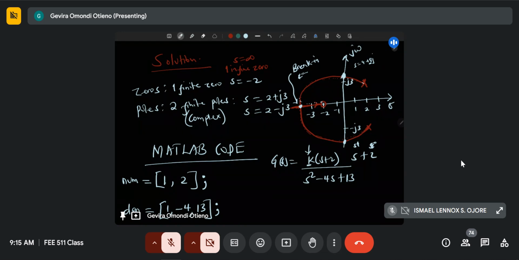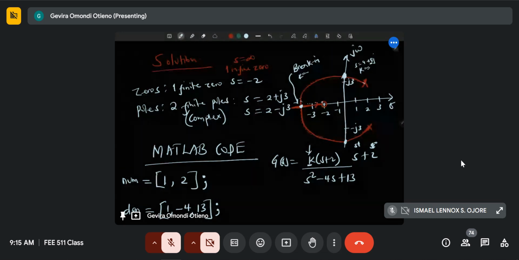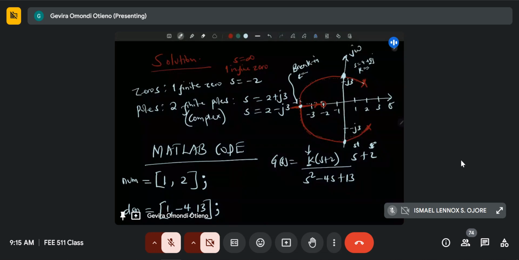Again, it will tell you the value of gain at that point. It will even tell you the frequency and the overshoot at that point. So MATLAB will give you a holistic view of each point. You can click a point on the root locus here, and it will give you every detail that you need to know.